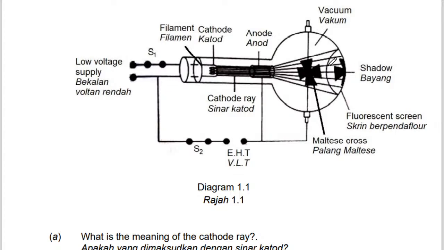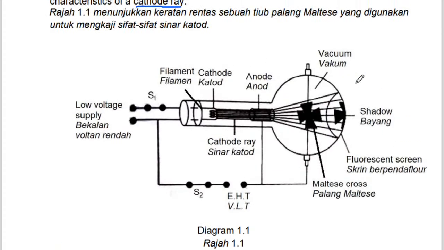Are you able to determine the direction of the shadow if you bring a magnet near to this? Is there a problem with this? If there is a problem, I can't show you now. Maybe we try. The answer should be Fleming's left hand rule. Let's say we bring the magnet here.